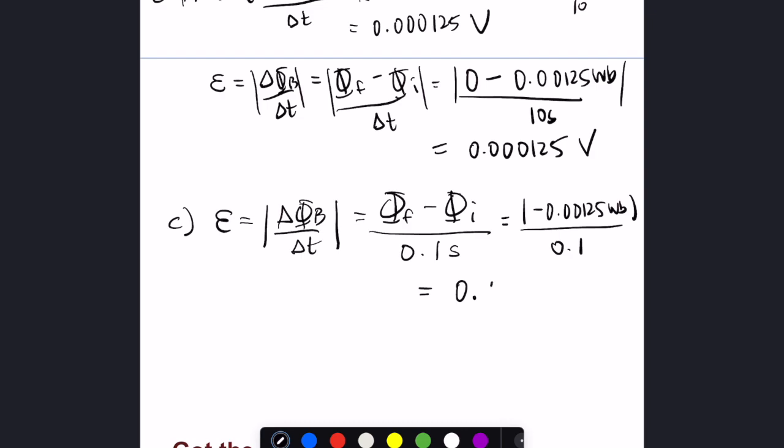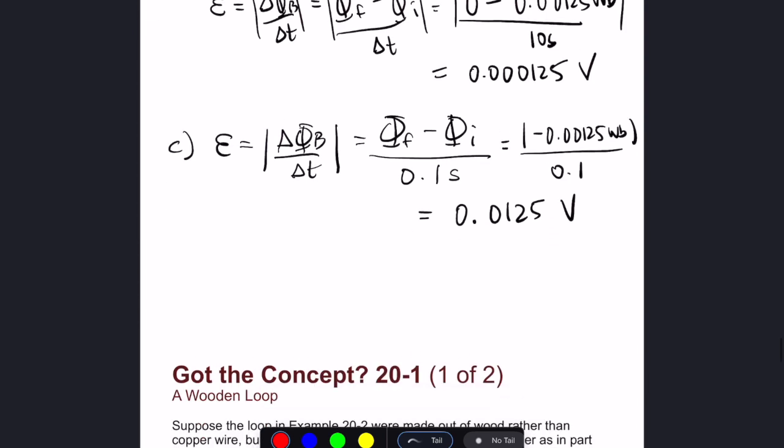It's going to increase the magnitude of the EMF. Volts. Now we have more volts than ever before because we changed that field much faster. So the faster the rate of change, the higher the EMF. We can see that here because if delta phi over delta t is big, then the EMF will be big. So the faster you change your field, the bigger the voltage you will get. It's an important concept.